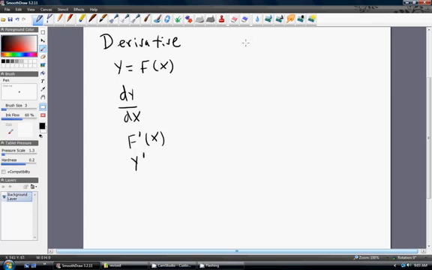So what I'm going to do now is go through some rules of differentiation. I'm going to label or name these rules. The first one here is the constant function rule. Here y is just equal to some constant. If we take the derivative of this, we always get back 0.